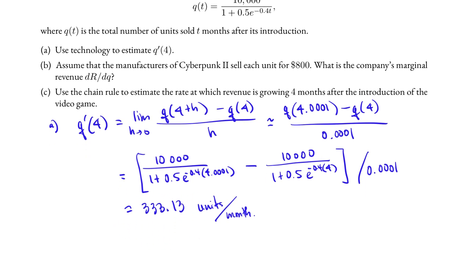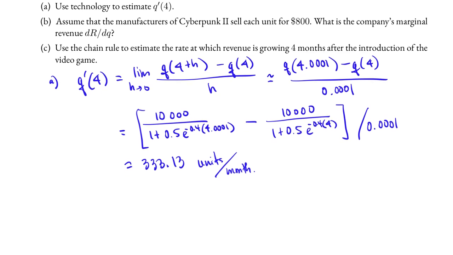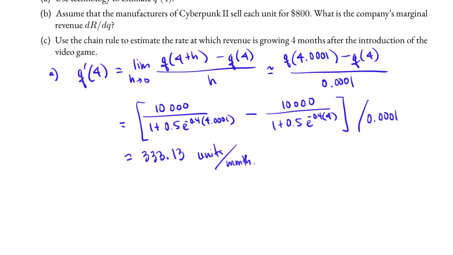Assume that the manufacturer of Cyberpunk sells each unit for $800. What is the company's marginal revenue dR/dQ? We were given that $800 is a rate. It is specifically $800 per unit.